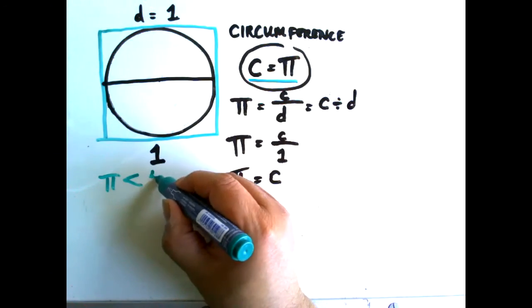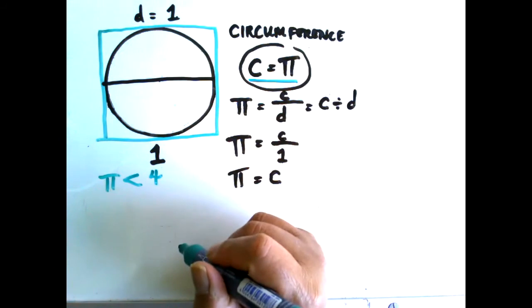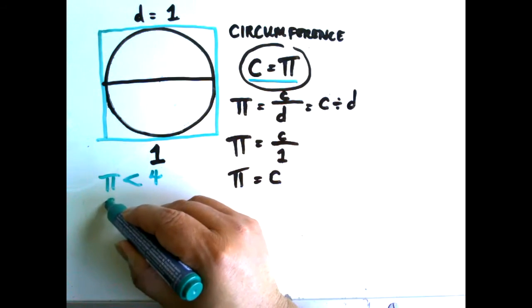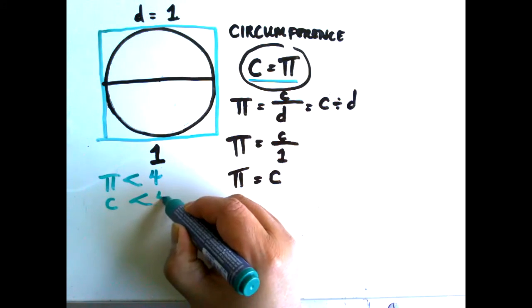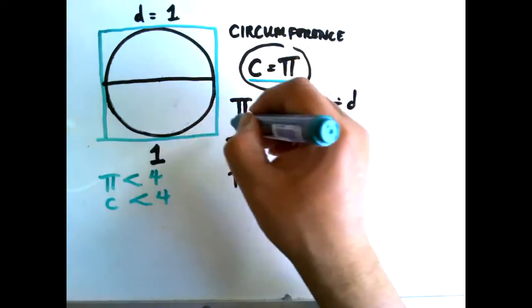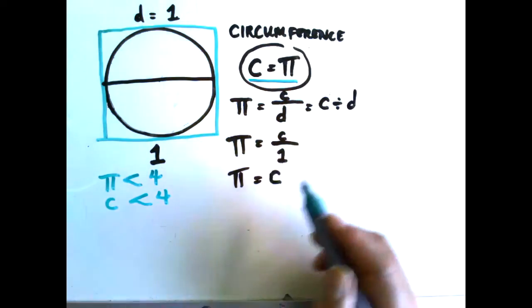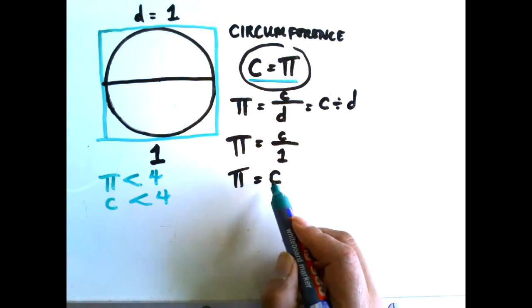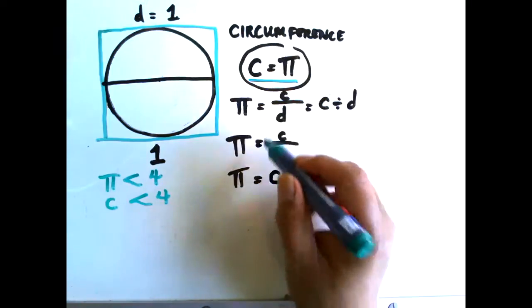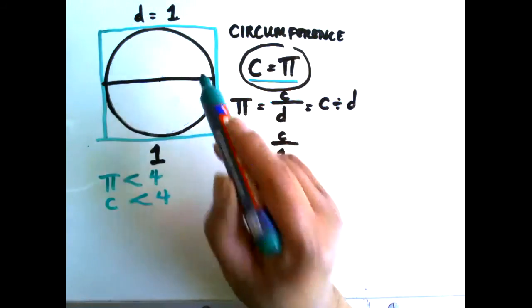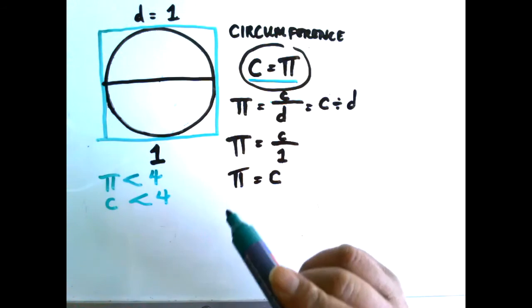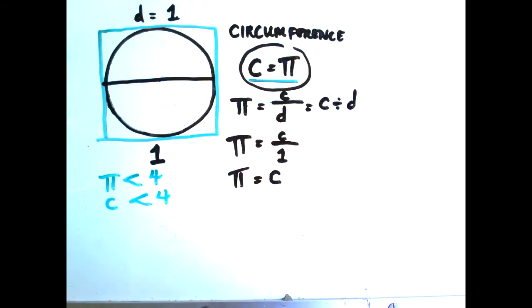It should be less than 4. You can also say that the circumference is less than the perimeter of the square, the green square. And that's why I can use them interchangeably within the context that the diameter of the circle is 1. Only in this instance, so far.